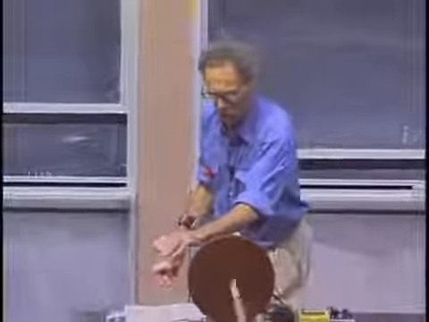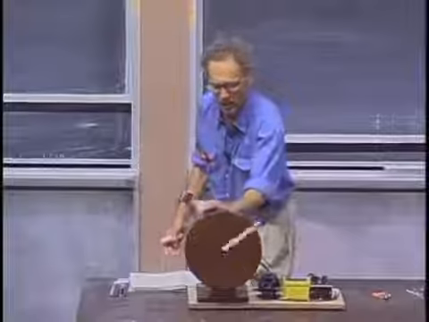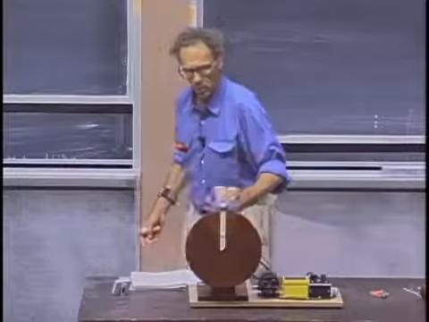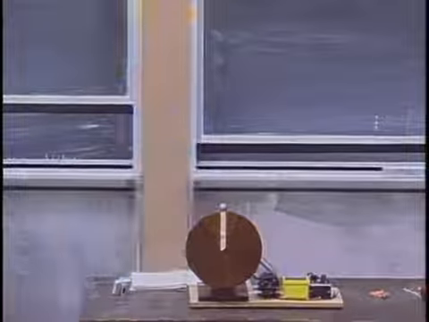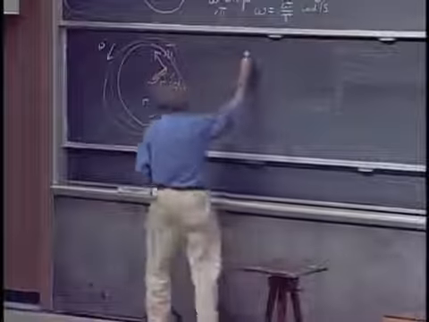I have here a disk, which we will rotate, and at the edge of the disk here, we have a little ball. And the ball is attached to that disk with a string.